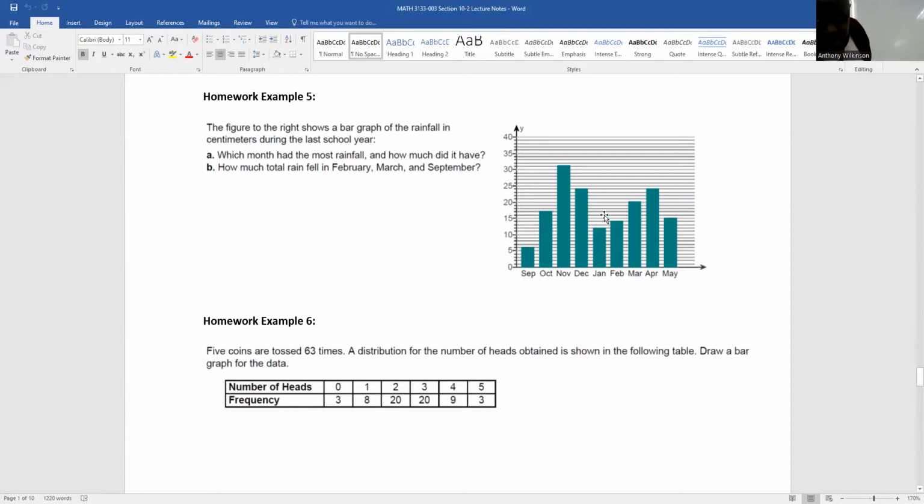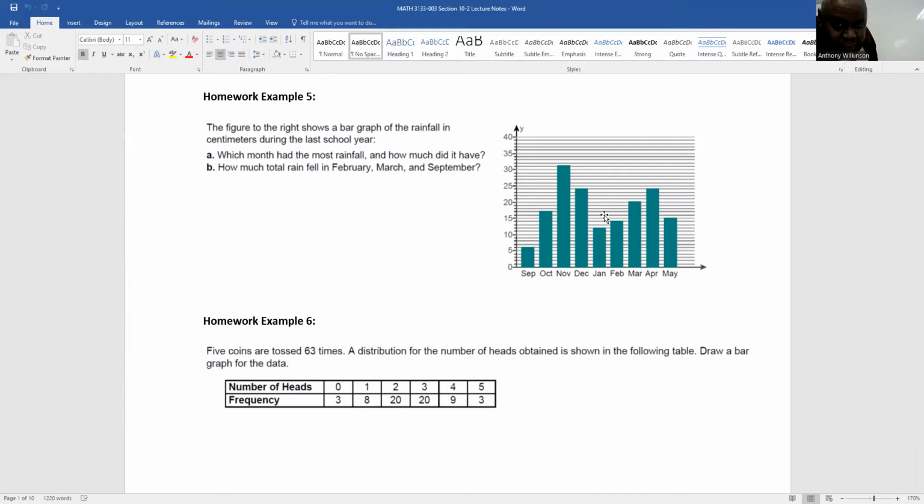Okay, it's 14. Yeah, it's 20. Okay, and then let me go back to February. In February, it looks like 14, 20.